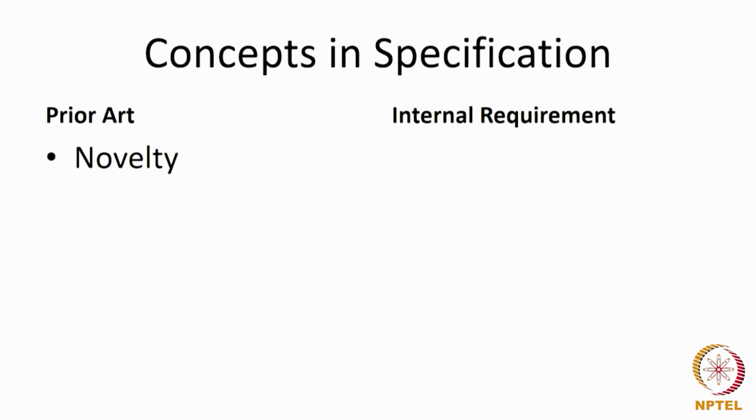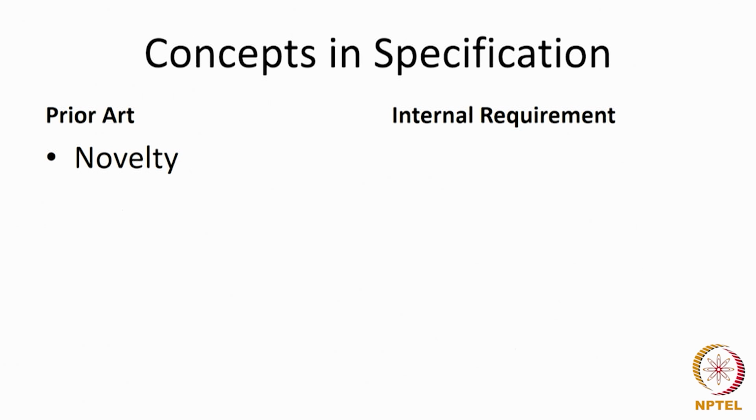So, if you draft a specification which overlaps on an existing prior art, though you may have done good work in drafting the claims, if you have not done the check with the prior art, then there could be a possibility that in the claim that you have drafted, all the essential technical features have already been disclosed in another prior art, and because it was disclosed in another prior art, your claim would lack novelty.